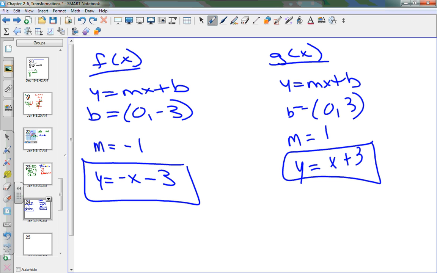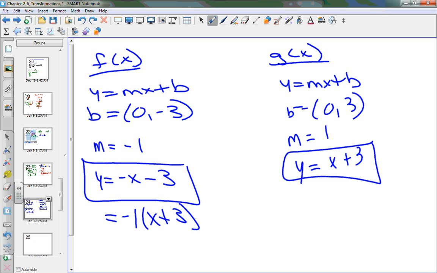Well, my question to you is, can I pull out a -1 out of this thing and make it equal to this over here? Sure I can. If I pull out a -1, I'm left with x plus 3 on the inside, correct? Which means that negative, did it go to both terms or one term? It goes to both terms, which means am I reflecting over the x or am I reflecting over the y?